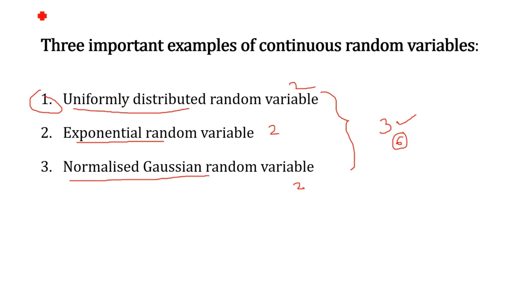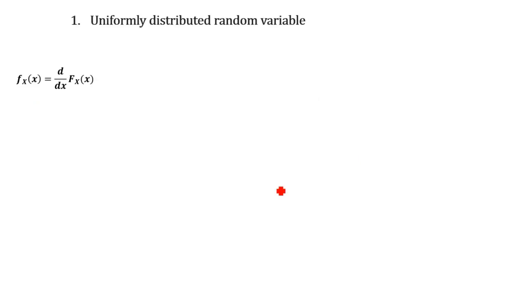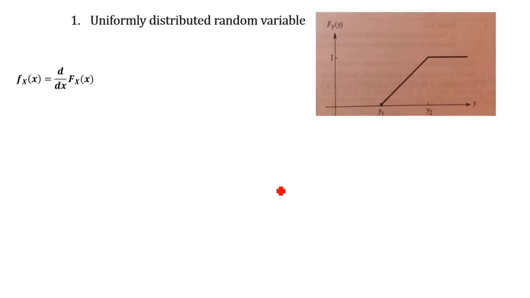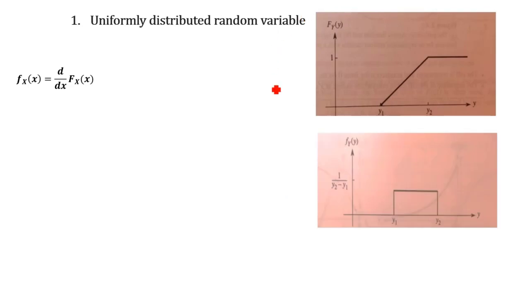So I repeat the three important examples of continuous random variables: first is the uniformly distributed random variable, then the exponential random variable, and then the normalized Gaussian random variable. The first one is the uniform random variable.